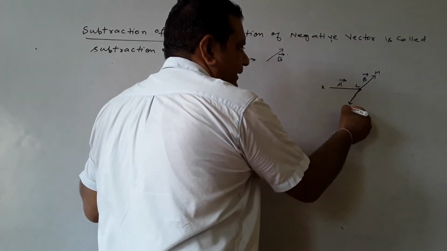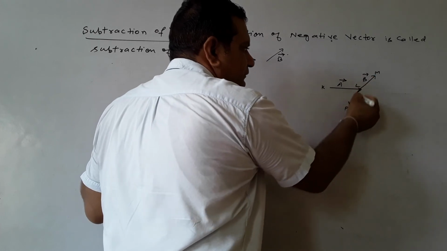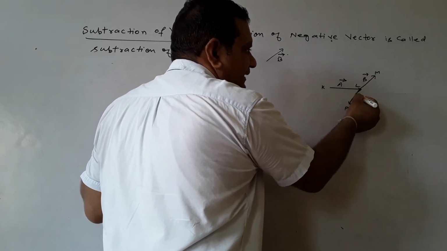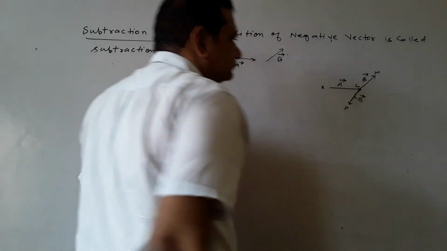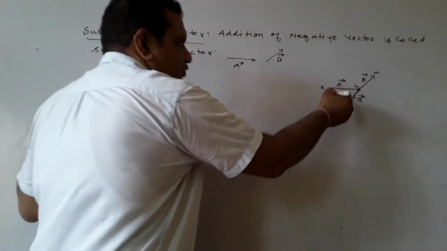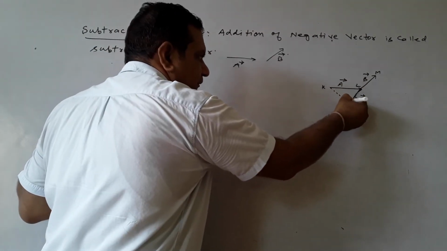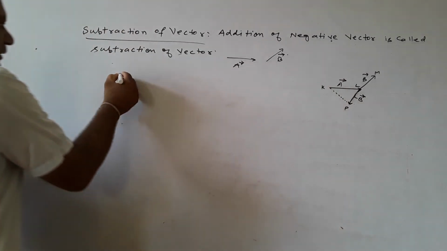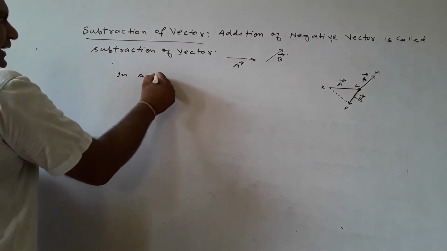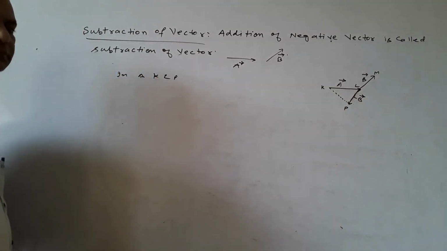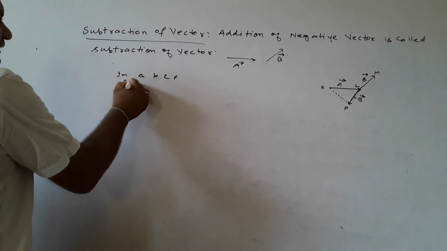This is LP, which is minus B vector. Now join K to P in triangle KLP.